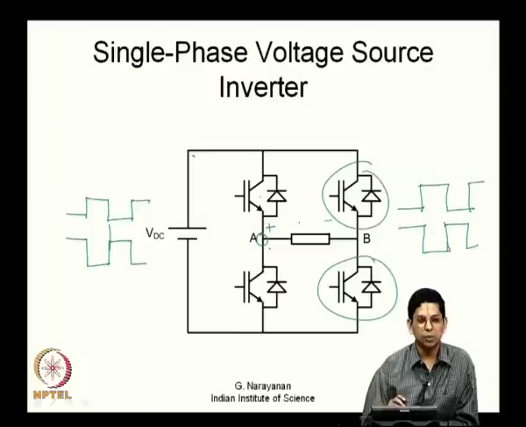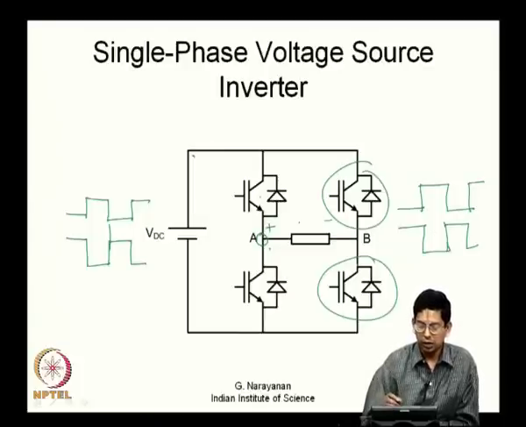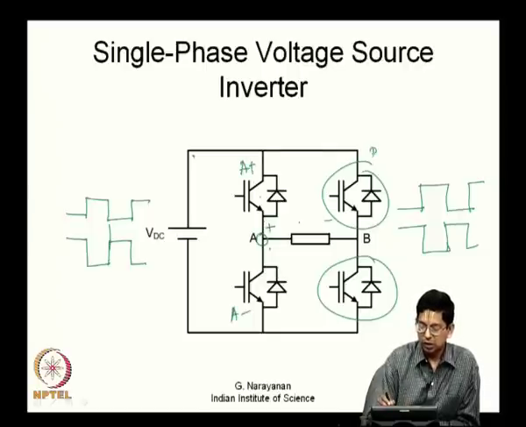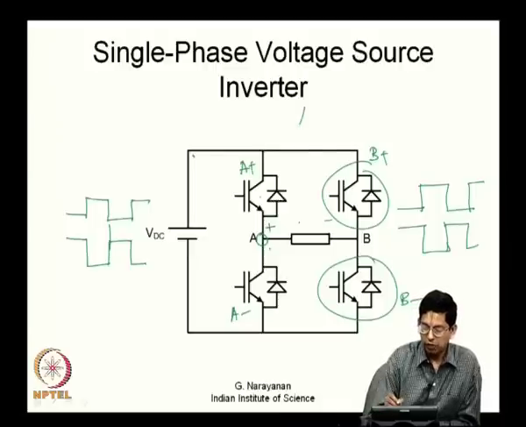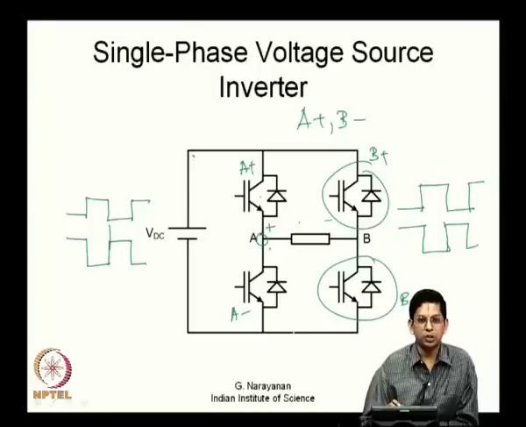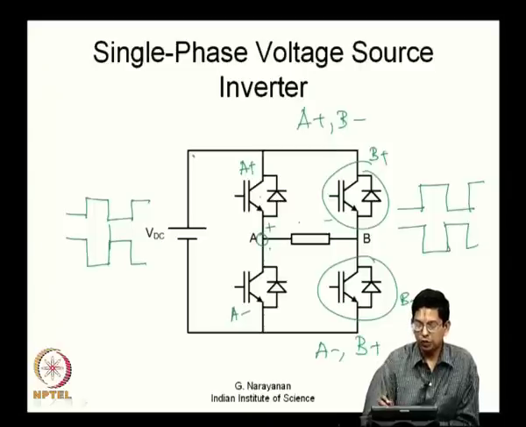So, you will switch them like this, and let us call the top A plus, and this A minus, this B plus, and this B minus. Whenever you have A plus and B minus on, you have a particular potential, that is VDC, and whenever you have A minus and B plus on, the output potential is equal to minus VDC.